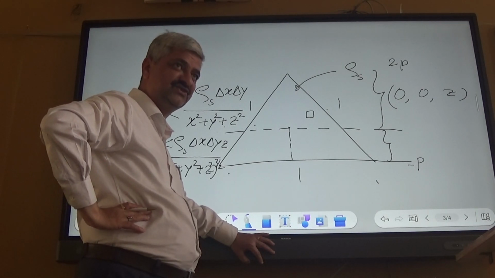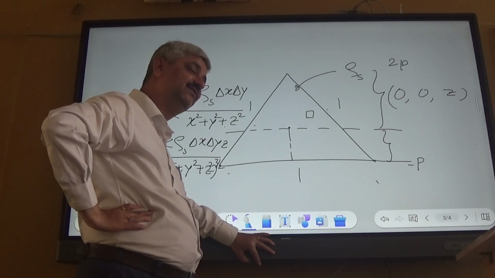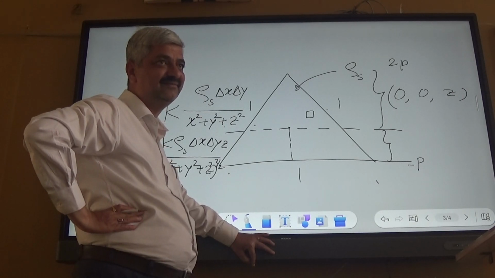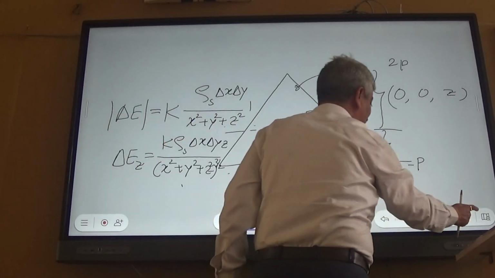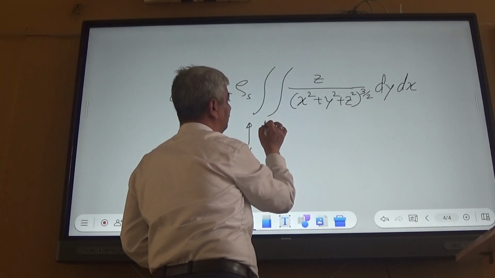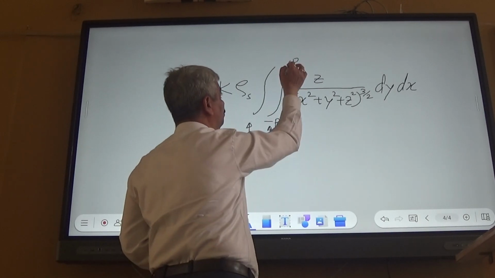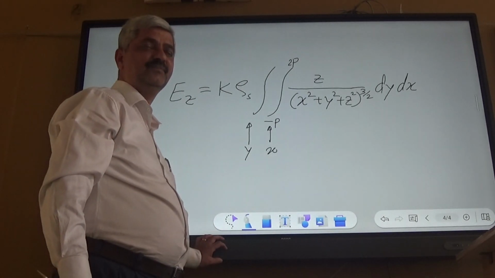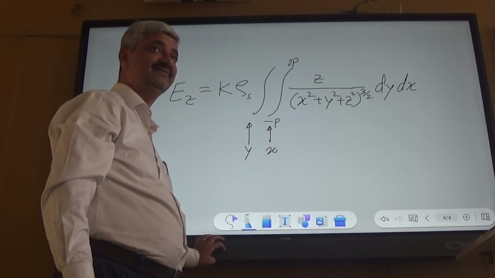So the y range is fixed. But what is the range of x? I can put limits for y as minus P to 2P. But what are the limits for x?